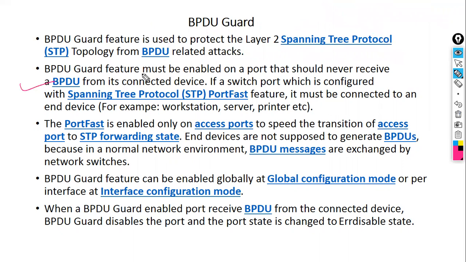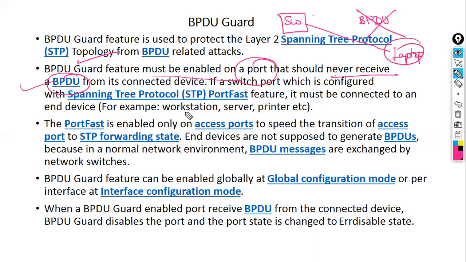Secondly, the BPDU guard feature must be enabled on the port that should never receive BPDUs. So when we want to ensure that our switches do not receive any BPDU attacks, we can enable this feature. Especially we can add an end user device like a laptop, a server, or a workstation, and enable this so that the end user device does not send any BPDUs.